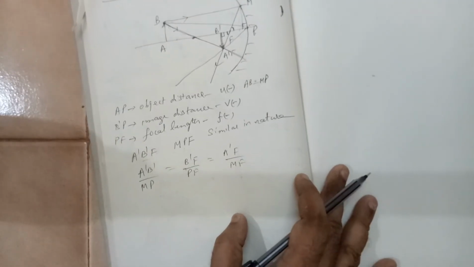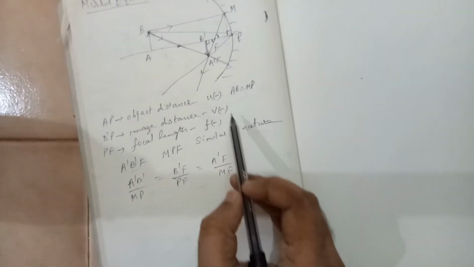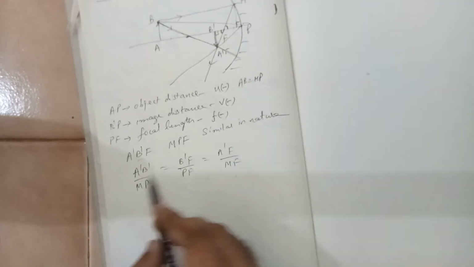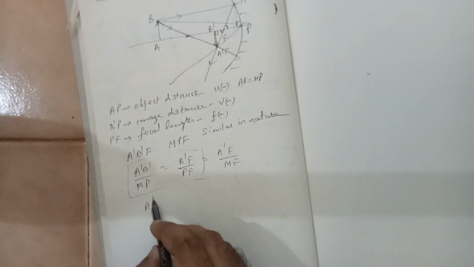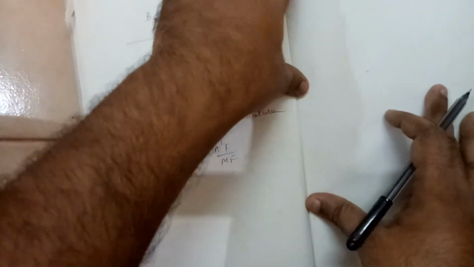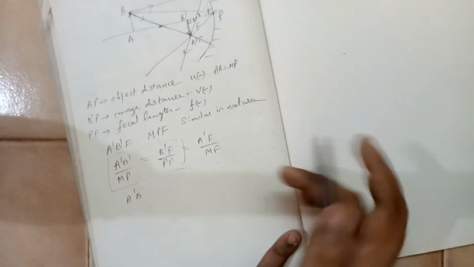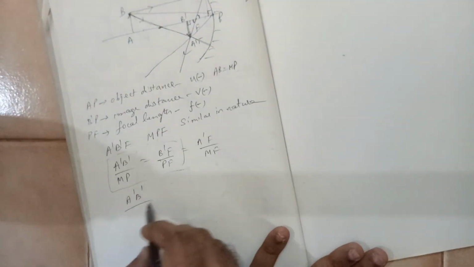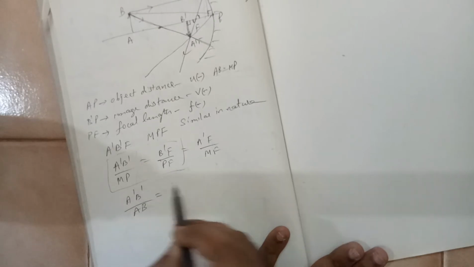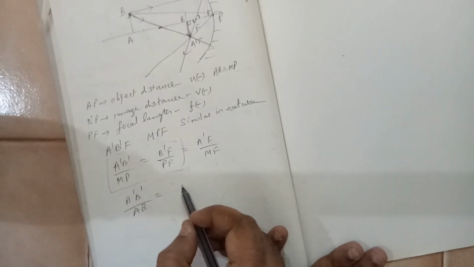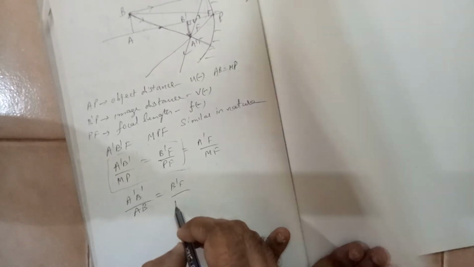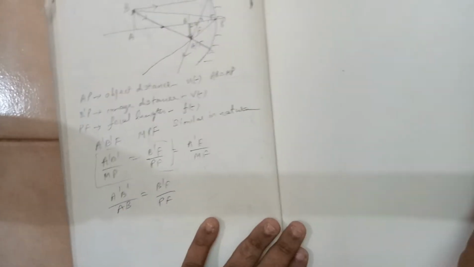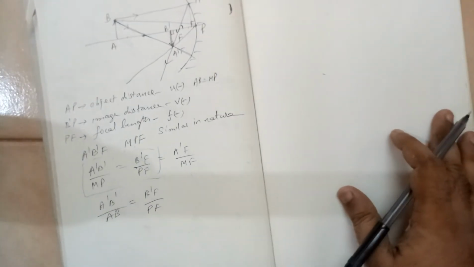So this is what we have. Now AB is equal to MP, so this can be written as A dash B dash divided by AB is equal to B dash F divided by PF. Okay?